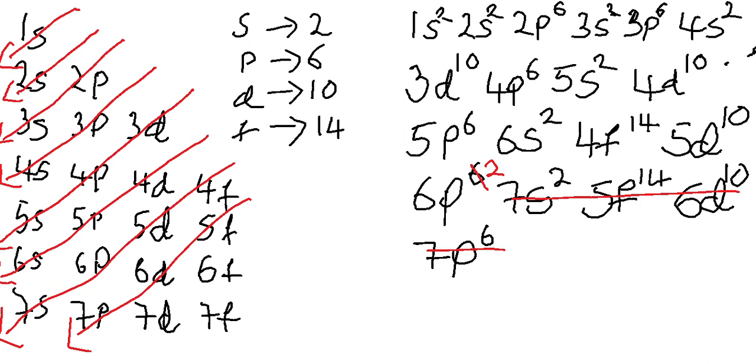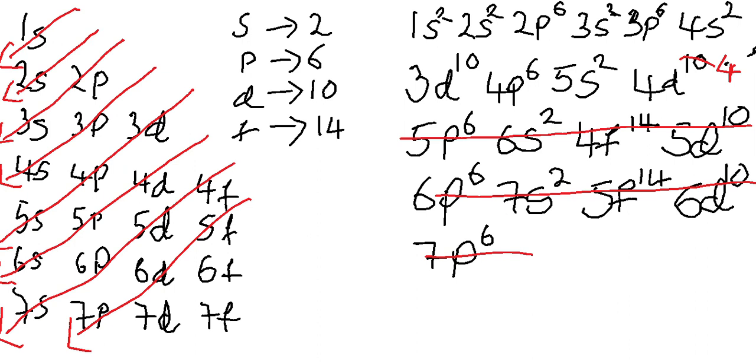We count from 1 through 42: 1s2, 2s2, 2p6, that's 10, 12, 18, 20, 30, 36, 38, and here we end with 48. So if it has 42 electrons, I would not need any of this, and since we ended up with 38 here, we just need 4 more, so it would be 4d4.